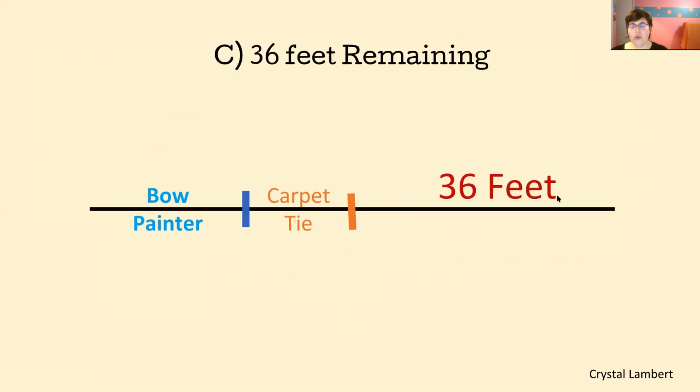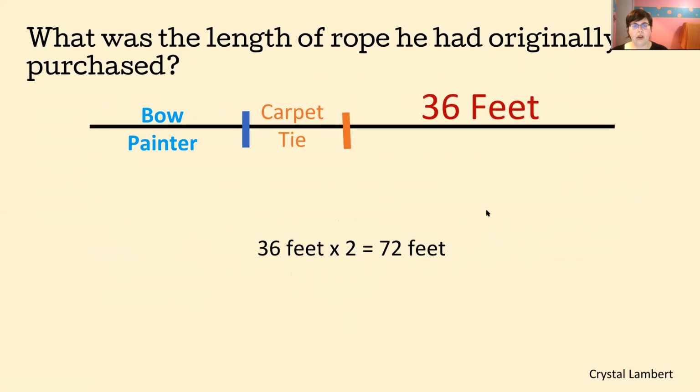Then we know what was left was 36 feet. Well, what was the original length that was purchased? We can take this 36 feet, and by looking at it, that is half of the length of rope originally purchased. So we multiply 36 times 2 to get 72 feet.